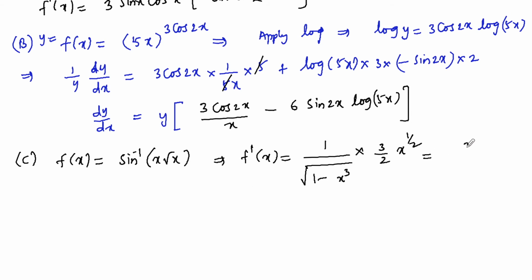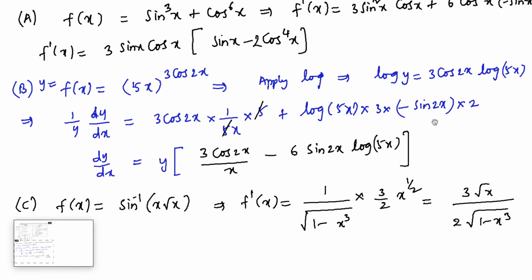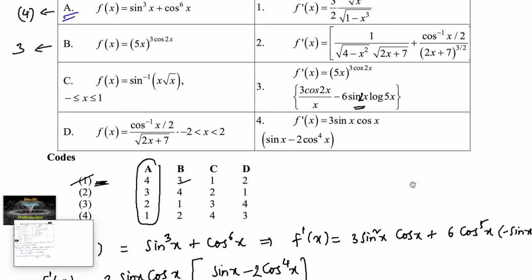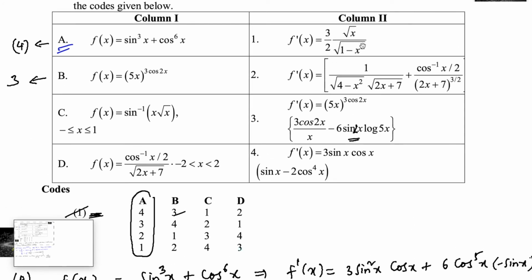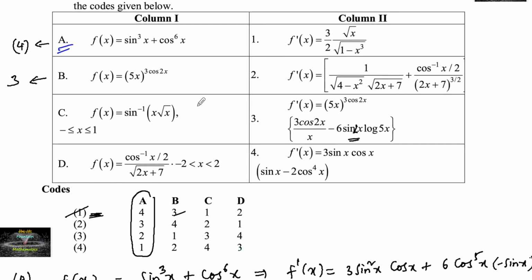So which is equal to 3 root x divided by 2 root of 1 minus x power 3. So let's check whether this third c is 1 or not. Yes, 3 root x upon 2 root of 1 minus x cube. So we can write c as the first option.